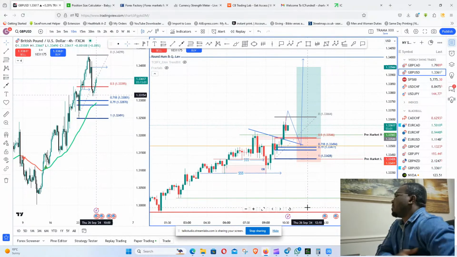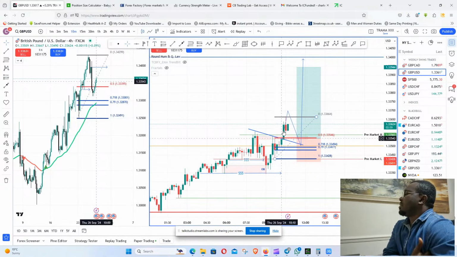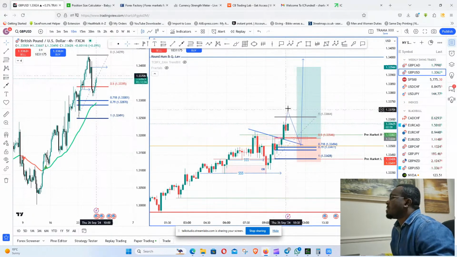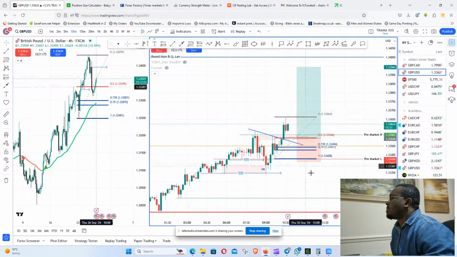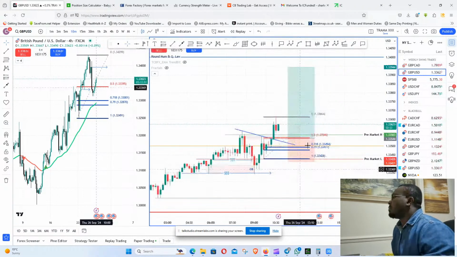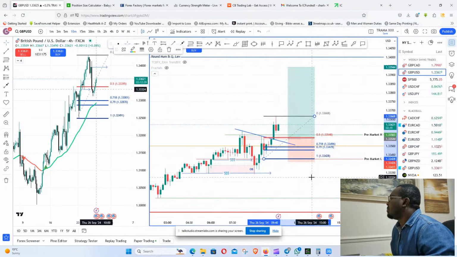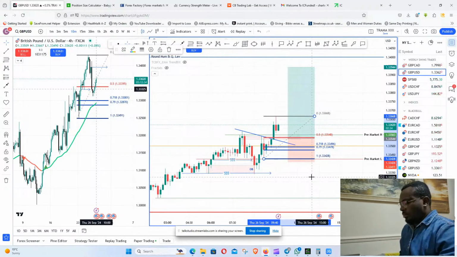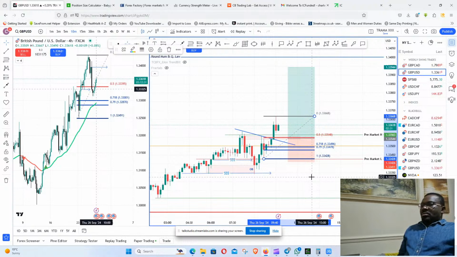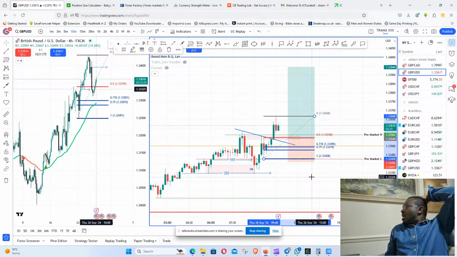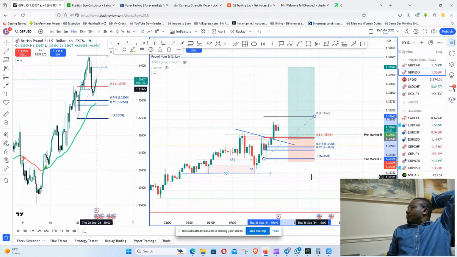The retracement failed. So it's not retracing. It wants to push higher. Let's wait a bit and see what happens and get on.